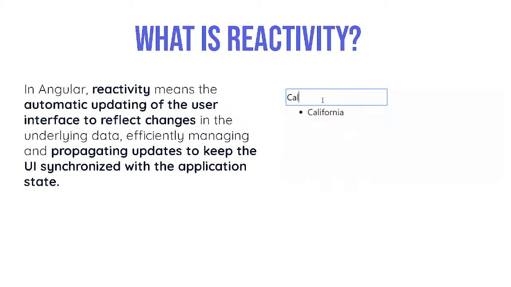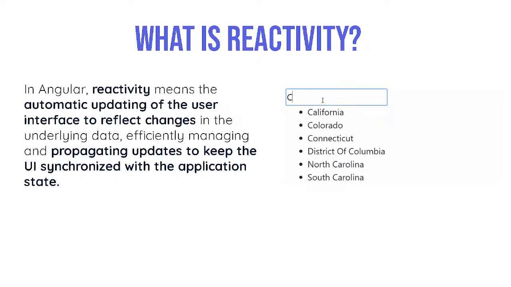At that time, Angular does all the magic under the hood. It runs change detection, and we are able to see the filtered list in the UI. So this is all about reactivity. What is reactivity? Simply the automatic update of the user interface based on your application state.